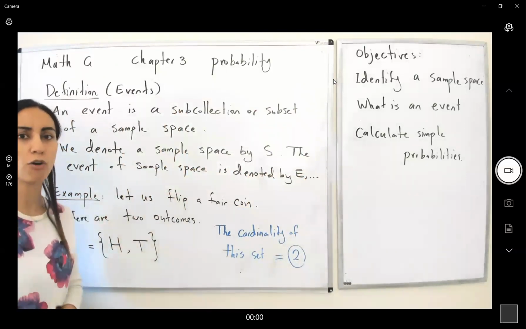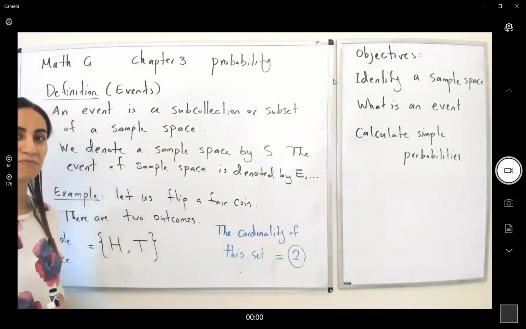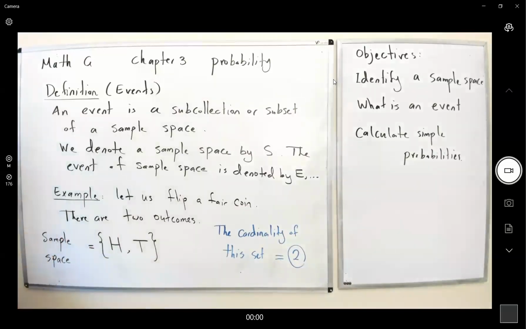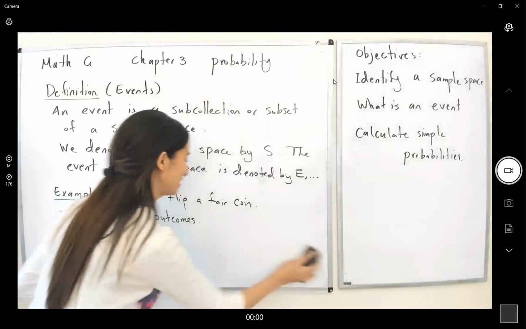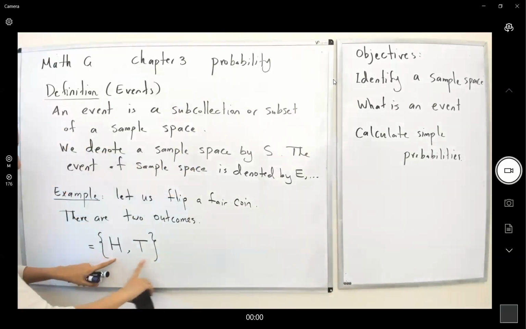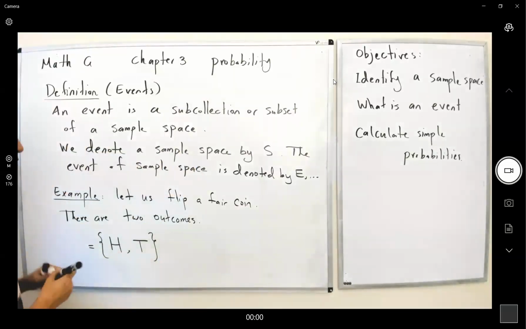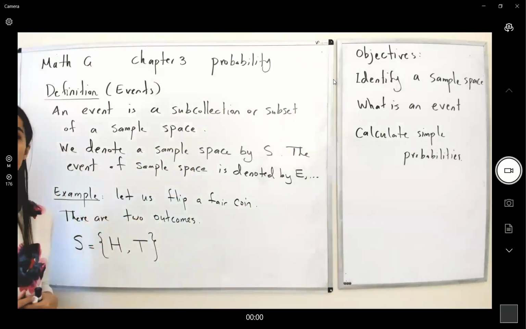Very well, we're going to get back to the example that we had. We had a fair coin and we flip it. We know that the sample space is equal to the set including head, tail. So let us denote this by S. So S is equal to head, comma, tail, using the set notation.